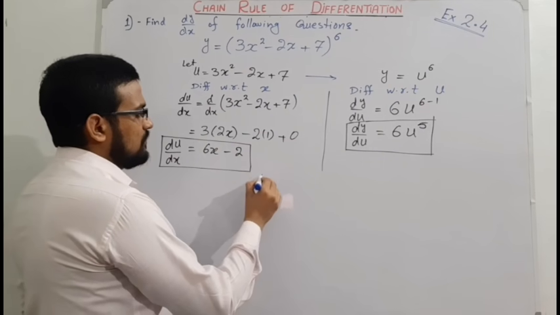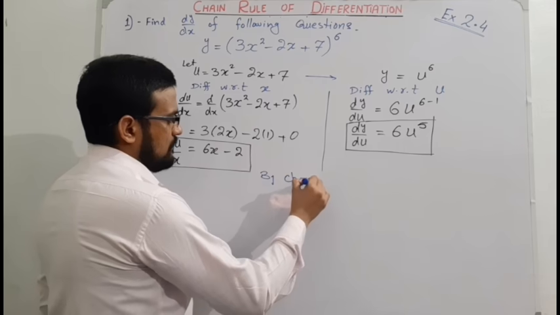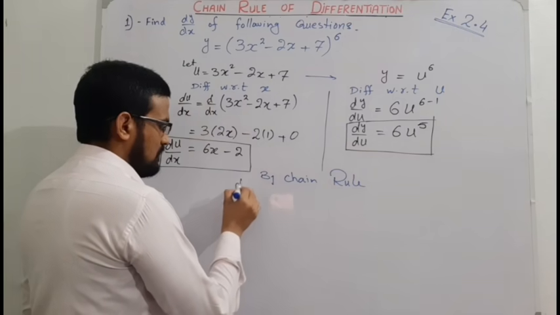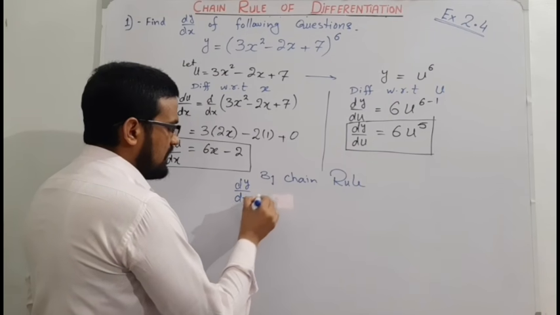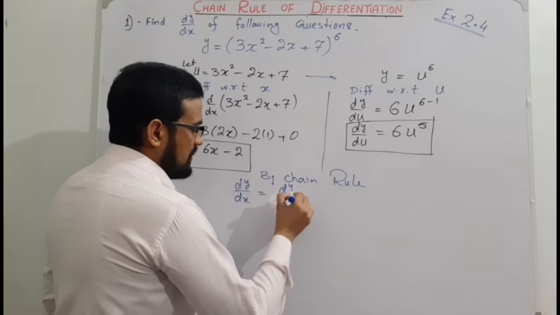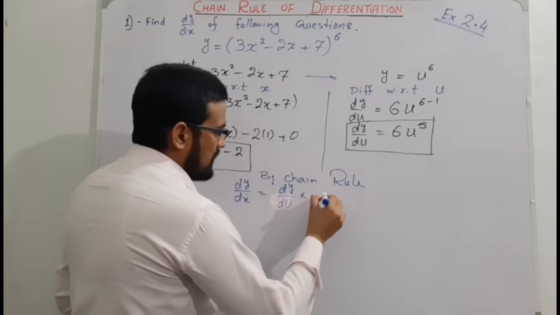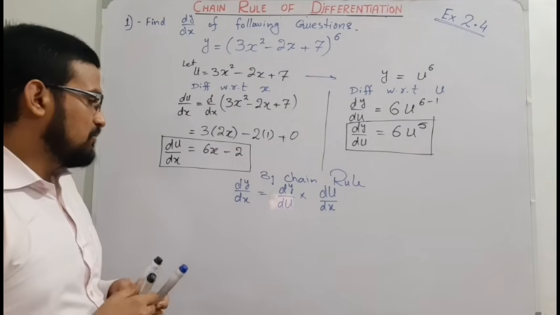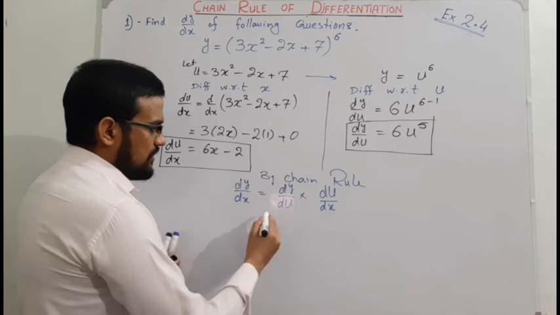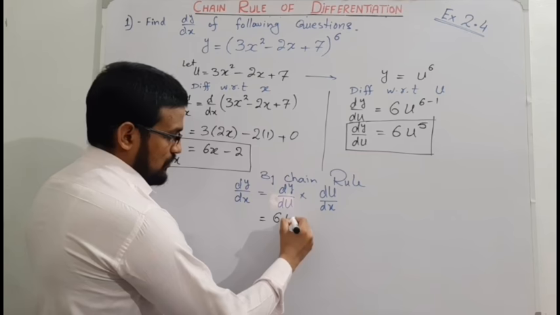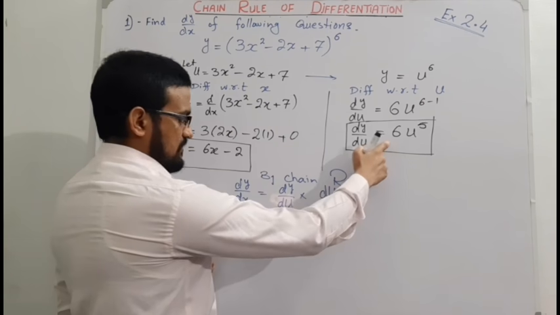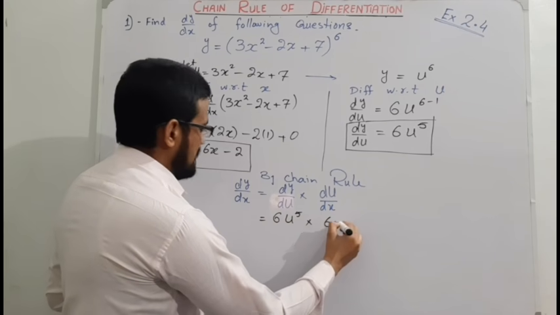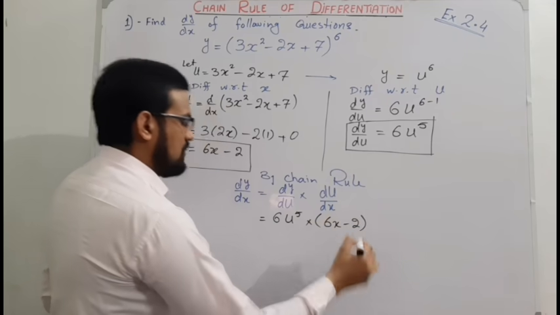So by chain rule, dy over dx is equal to dy over du multiplied with du over dx, and then put the value. dy over du is 6u raised to power 5, multiplied with du over dx, 6x minus 2.